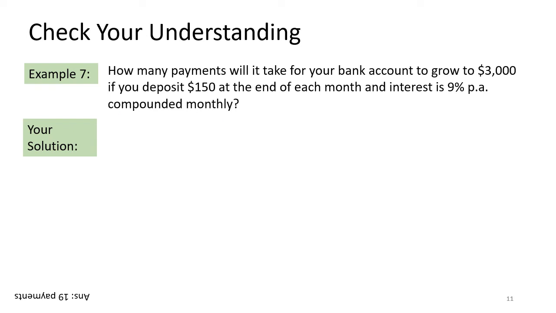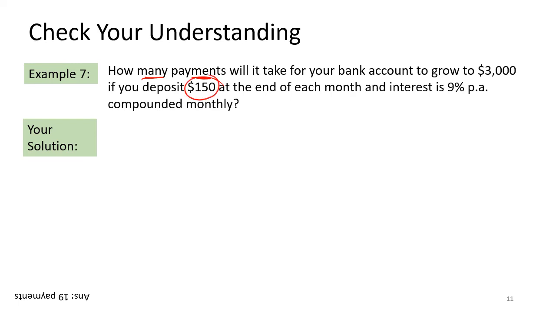So let's look at another example. How many payments will it take for your bank account to grow to $3,000 if you deposit $150 at the end of each month and interest is 9% per annum compounded monthly? Okay? So keep in mind, it's asking for how many payments. It's not asking for the payment value, because that's provided in the question.